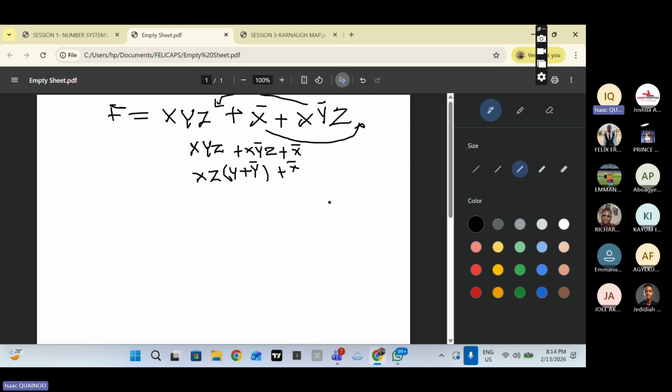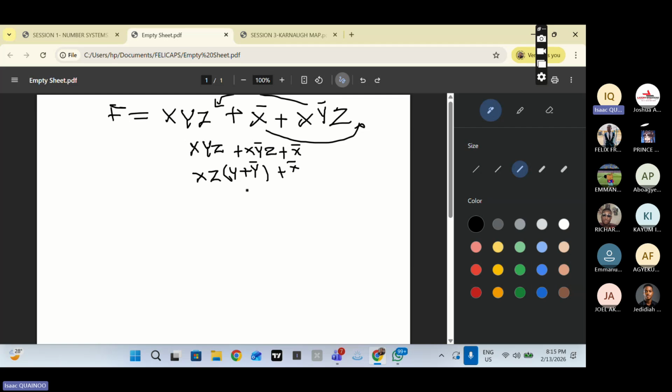When we go back to our laws, we said that we encountered a problem like a plus a bar, right? And what did we say about this? We said that when you encounter anything like this, the result is always 1. Okay, so with that said, we can say that y plus y bar is a direct reflection of that same law.